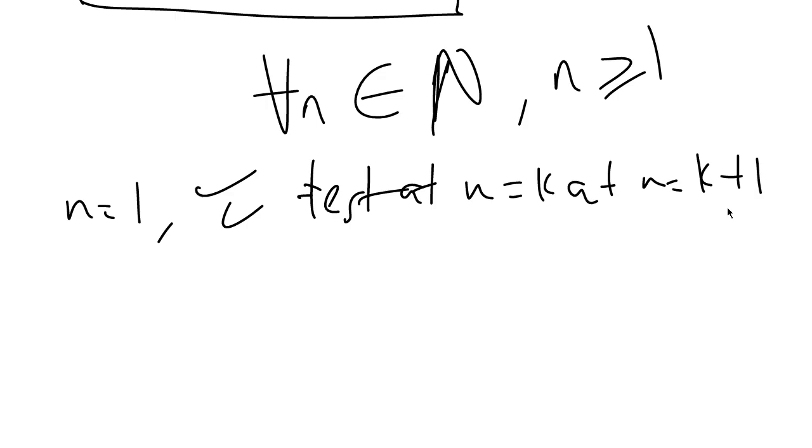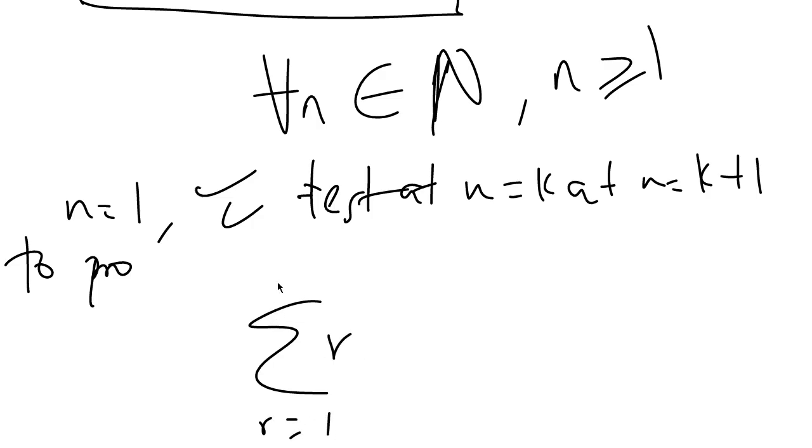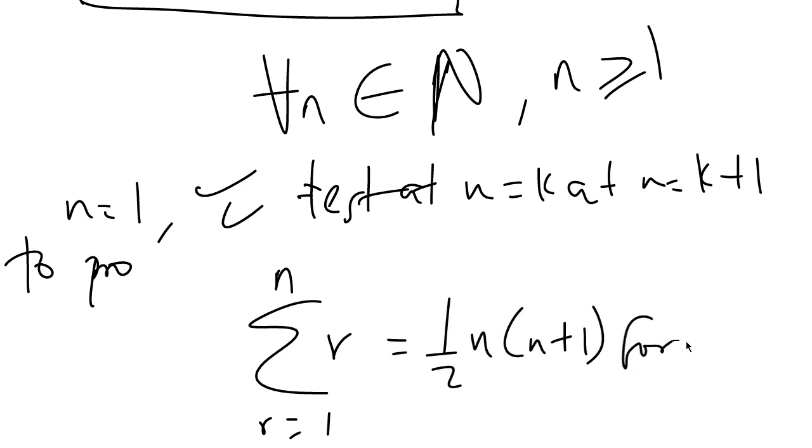So what's the importance now? Let's say you're given this question in an exam and it says to prove by mathematical induction that the summation of r from r equal to 1 to n is equal to half n into n plus 1 for all positive integers.